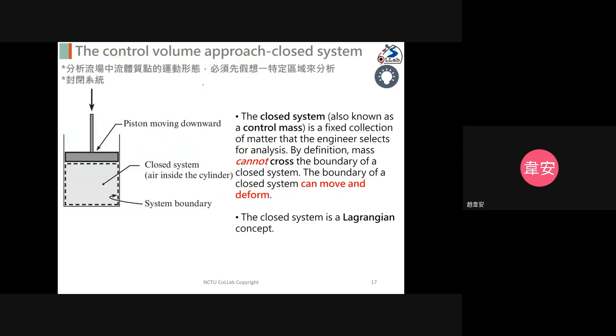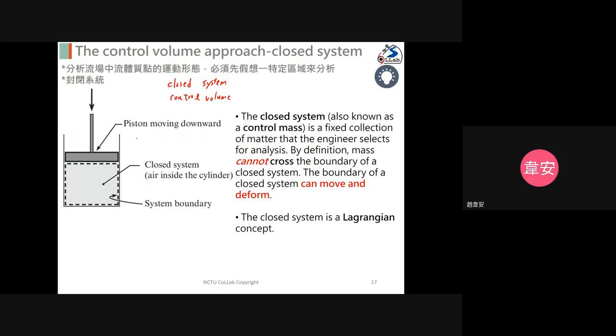As I said, the first one is the closed systems, and we focus on the closed systems, and the second is the control volume methods.